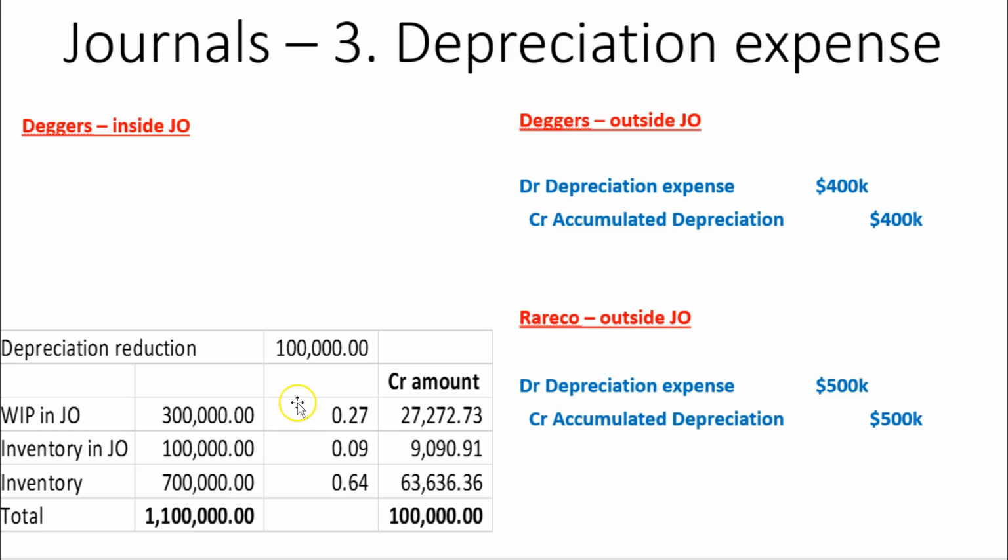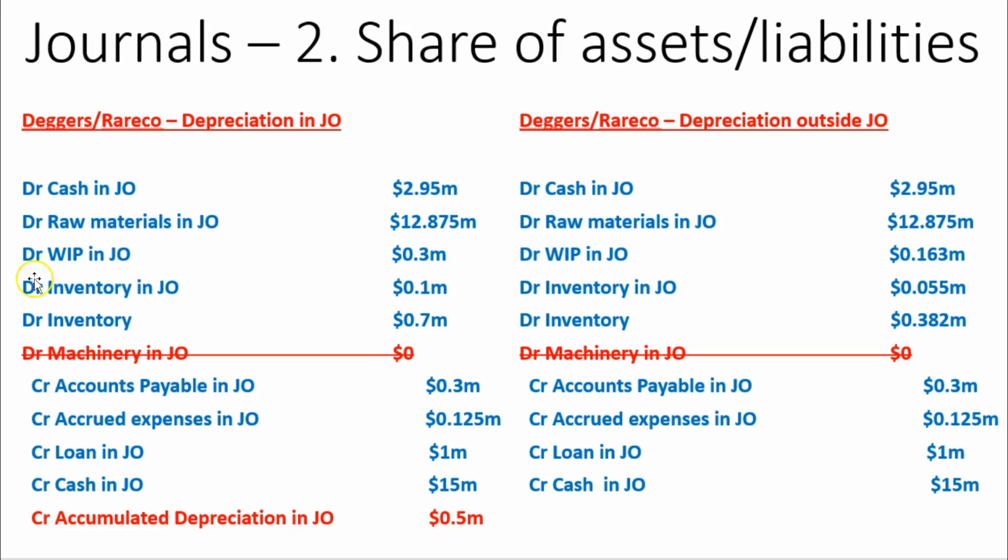So where did we get these numbers from? We can either look back at our entries we've done here. We can see we took a share of 300,000, a share of 100,000, and a share of 700,000. So we know that they are the correct numbers of those three inventory accounts that we are actually sharing in.